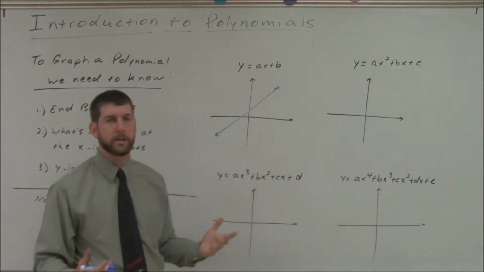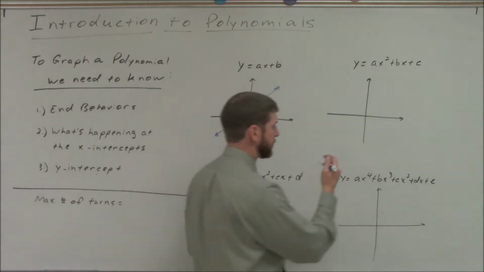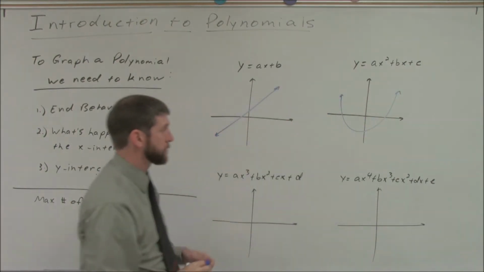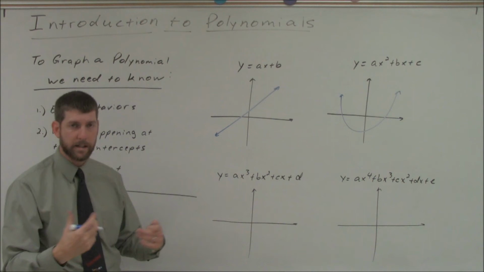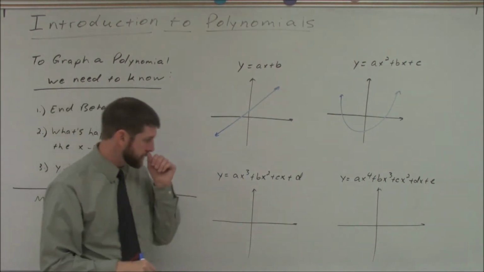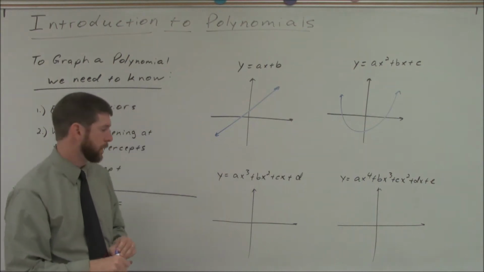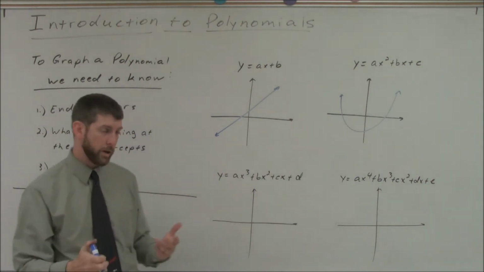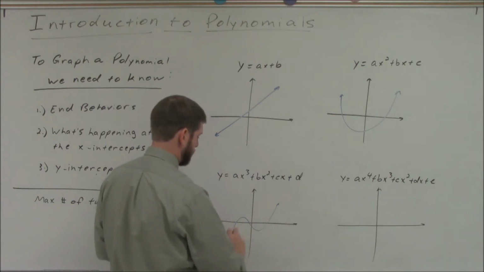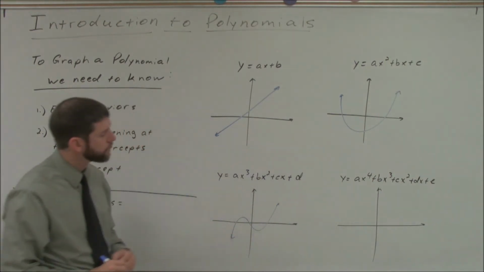Quadratic polynomial, its shape, we call that a parabola. It's going to look something like that, depending on what the a, b, and c happen to be, but that's the shape of it. Ax cubed plus bx squared plus cx plus d, that's our cubic polynomial. I don't know if any of you are familiar with what the cubic polynomial looks like, but its shape will be similar to that.